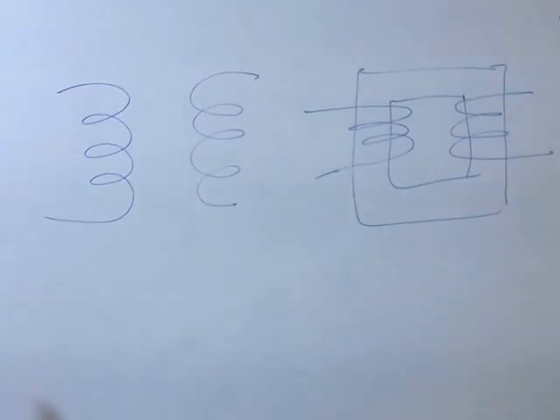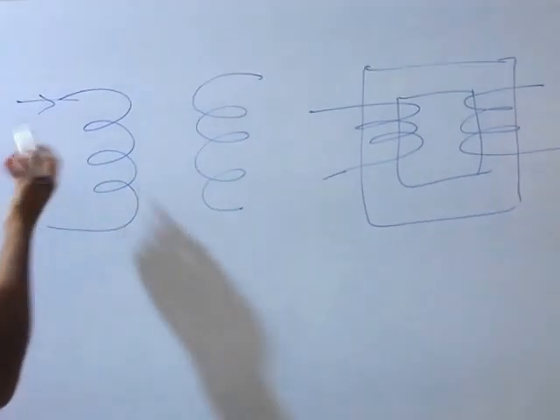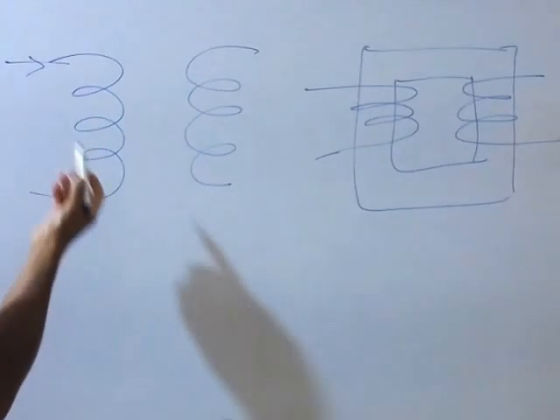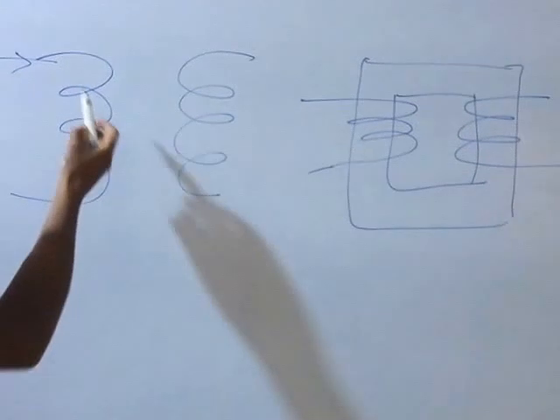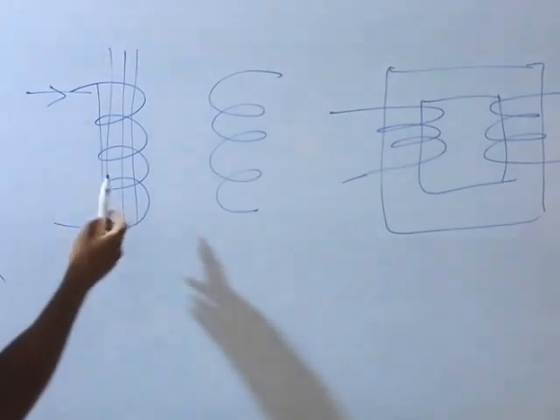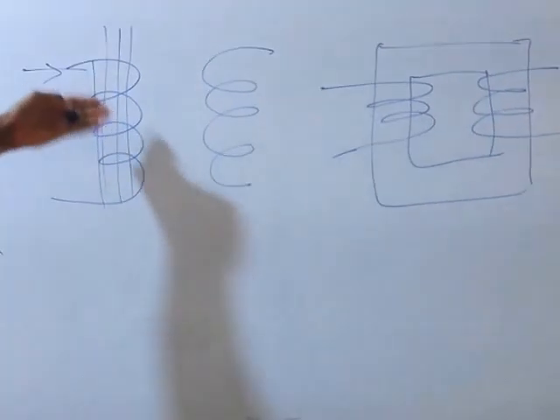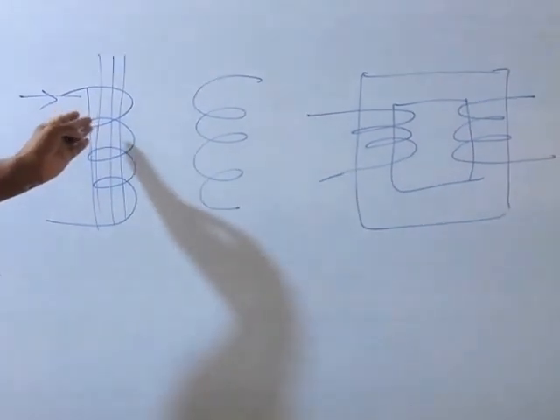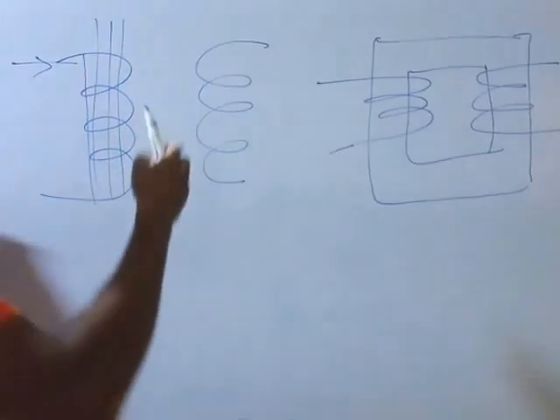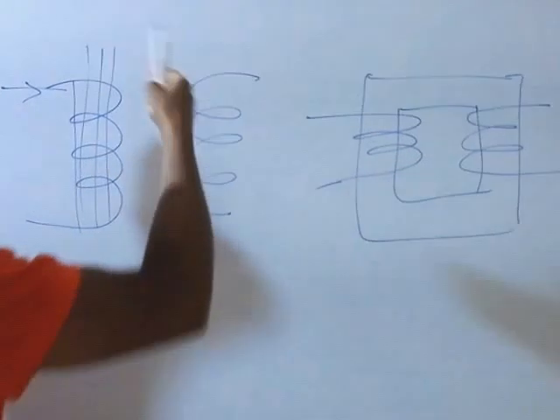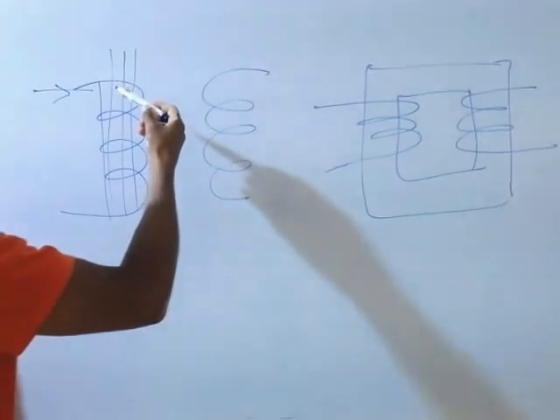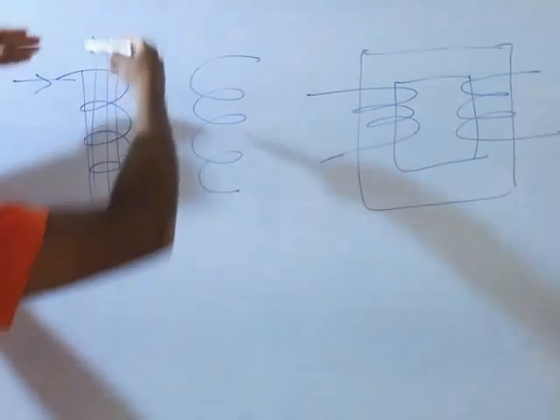In this case, suppose I have given a current. By giving current, this winding generates some flux lines. We know that in the solenoids, the flux inside is constant and has a finite magnitude, but when it goes to air, it gets dispersed in a large amount of area.